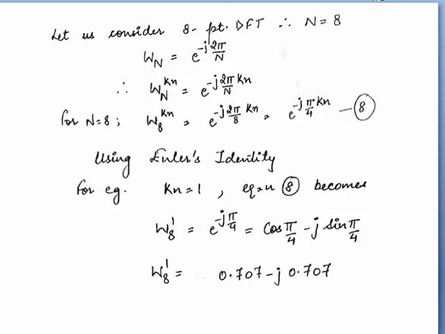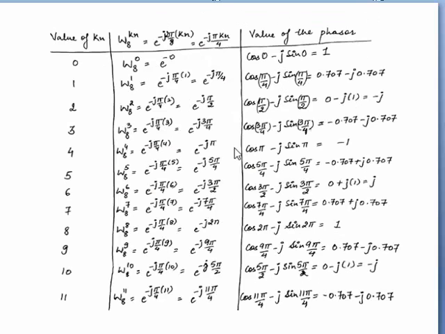So this table shows the values of twiddle factor and the value of the phasor for different values of kn. In this table we show kn values from 0 to 11 and find out the value of twiddle factor, and in the same way find out the value of the phasor. First, suppose kn is equal to 0.